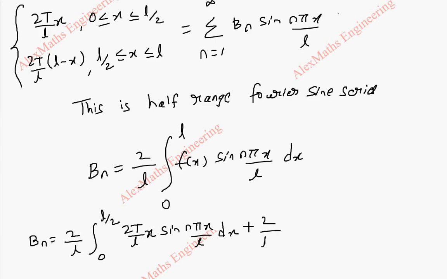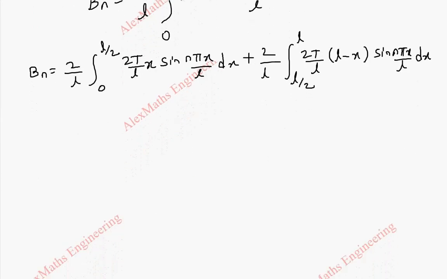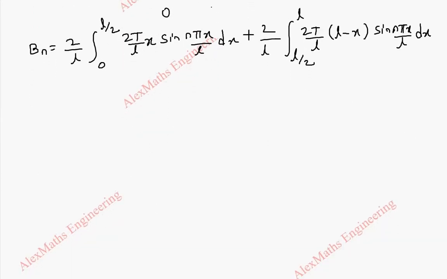Then again 2/L ∫ now L/2 till L, and f(x) is 2h/L (L − x) into sin(nπx/L) dx. Here this 2h/L is a constant that can be taken outside the integration, and we are going to use Bernoulli's formula. This is u and this is v. So u = x and v = sin(nπx/L).